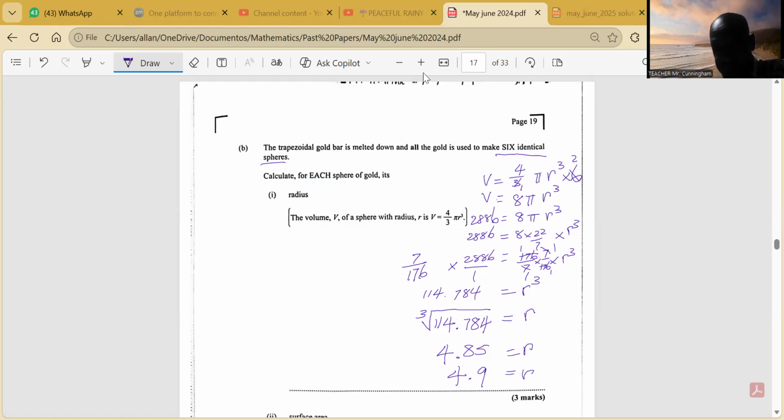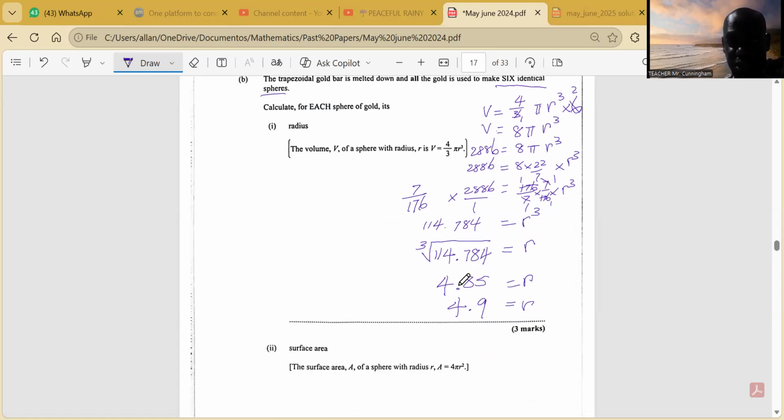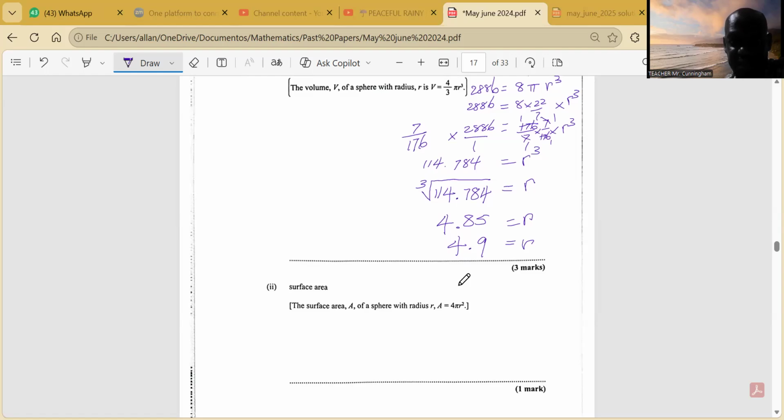That's correct because the question says calculate for each sphere of gold. Now it was melted down into 6 identical spheres, right? So we use the volume, blah blah blah. So now they want the surface area of a sphere.